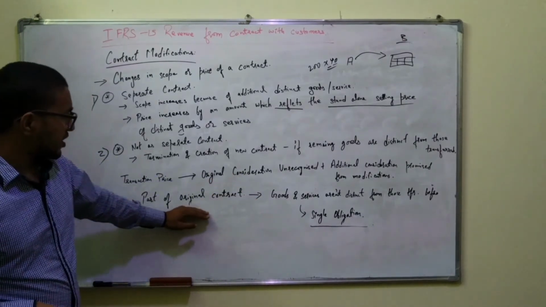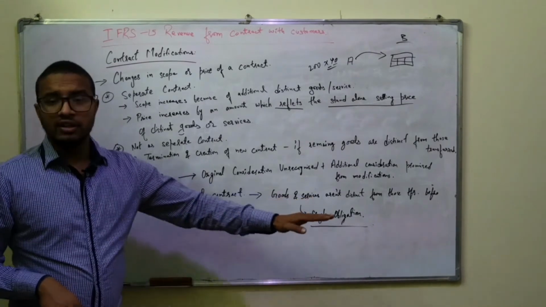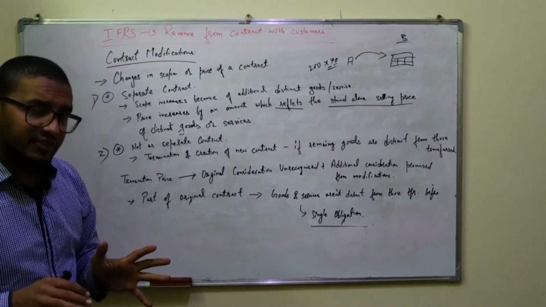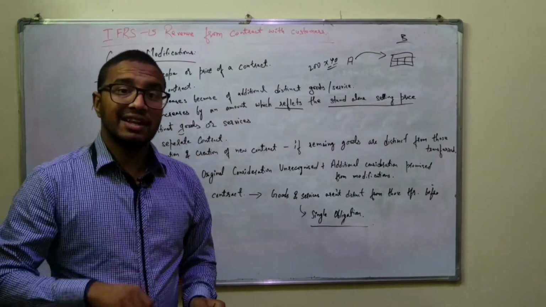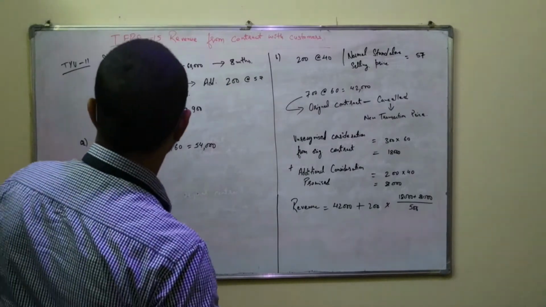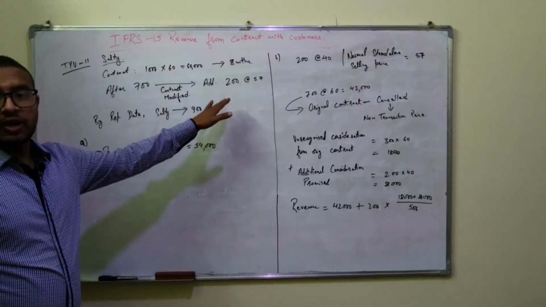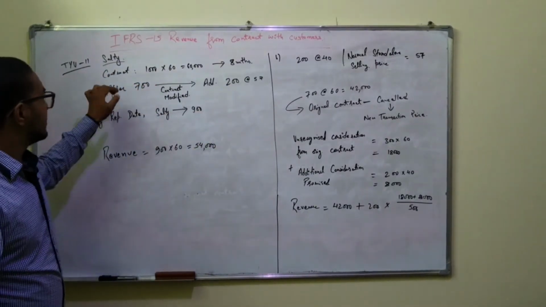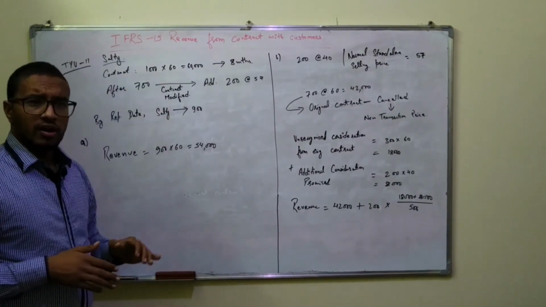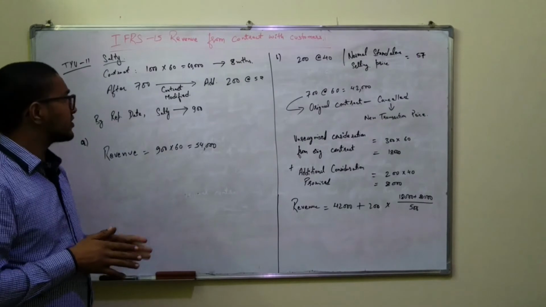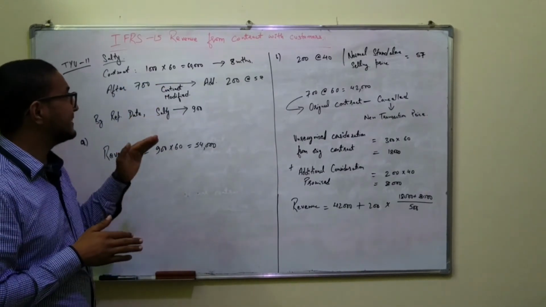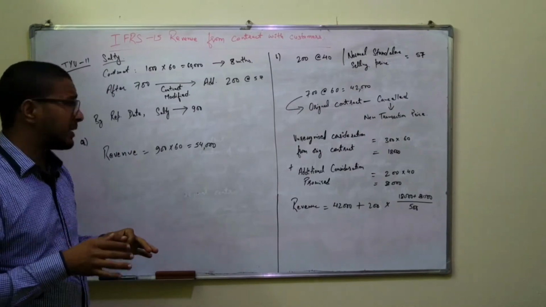So part of our original contract, as I told you earlier, is when goods and services are not distinct from those transferred before. So it is a single performance obligation. If you look at this TY Salty as well, the contract has been that the entity would purchase 1,000 sweets for a selling price of 60 over the course of 8 months, right?